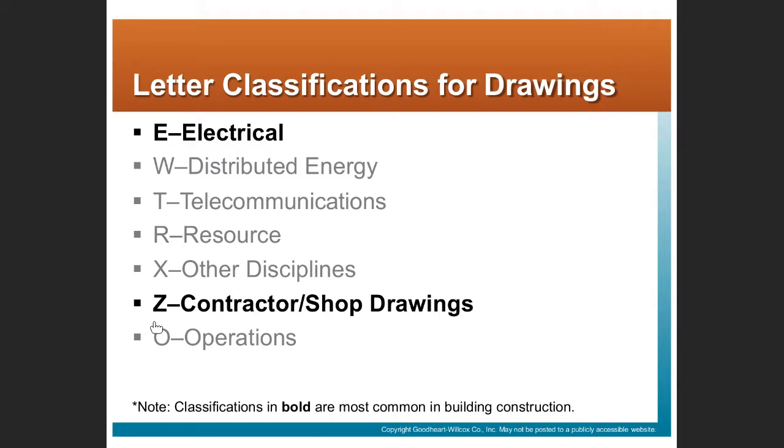There would be a shop drawing typically done by a structural steel contractor that would show additional detail of that steel. Might be where the bolt holes are, or what the welds are going to look like, right? That's all additional stuff in the shop drawings. Typically, a shop drawing is done by a contractor and submitted to the architect for review or approval.